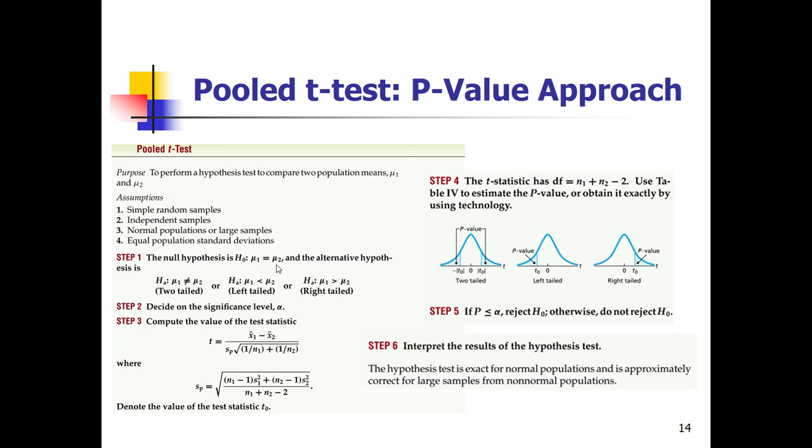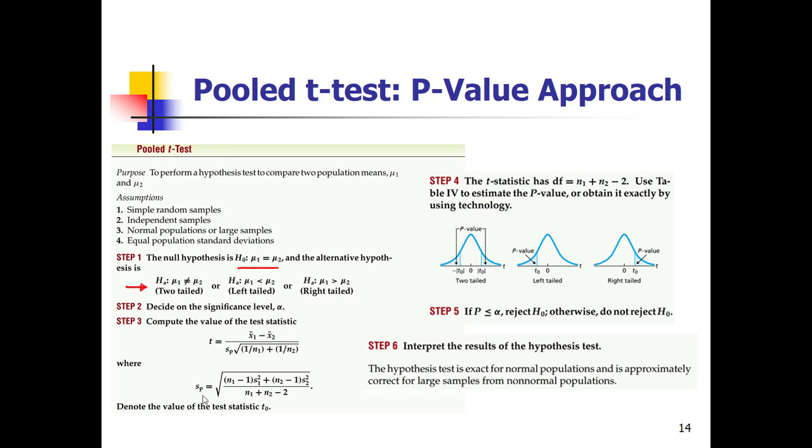We have to define our null hypothesis, then our alternative hypothesis. We have two means and two samples, N1 and N2 are the two numbers of samples. We have also the Sp, S is for standard deviation, P is for pooled standard deviation.